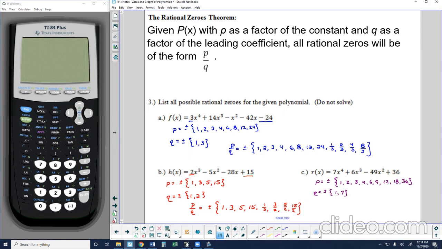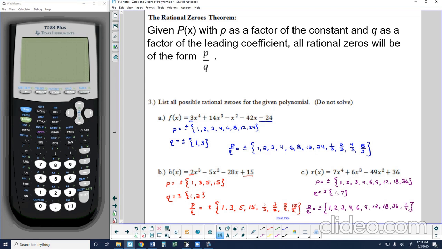So my list for the possible rational zeros for r of x would be P over Q, which would be 1 over 1, 2 over 1, 3 over 1, 4 over 1, 6 over 1, 9 over 1, 12 over 1, 18 over 1, and 36 over 1. And then all of these numbers over 7. 1 over 7.